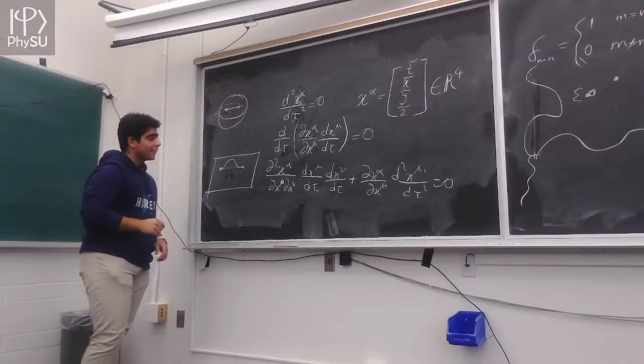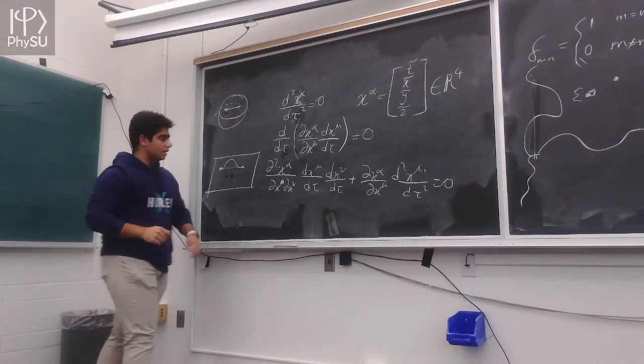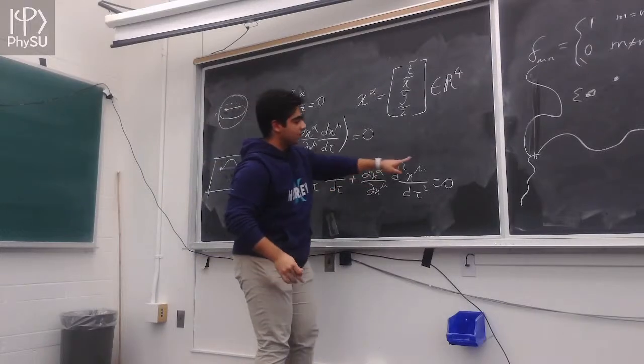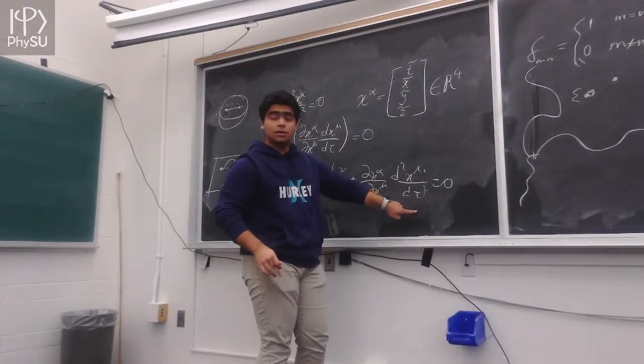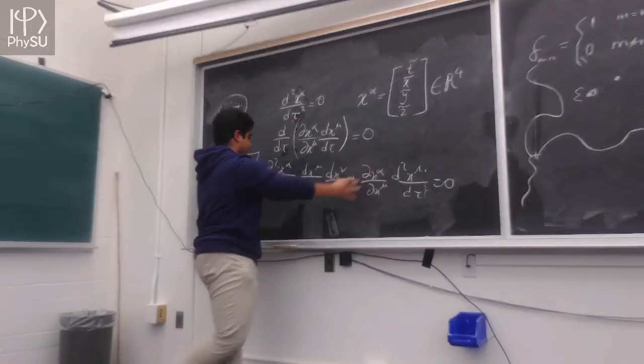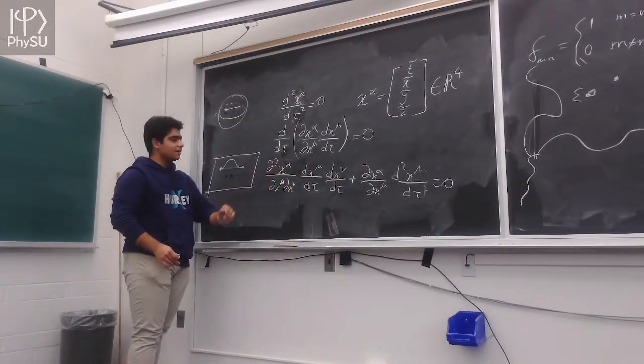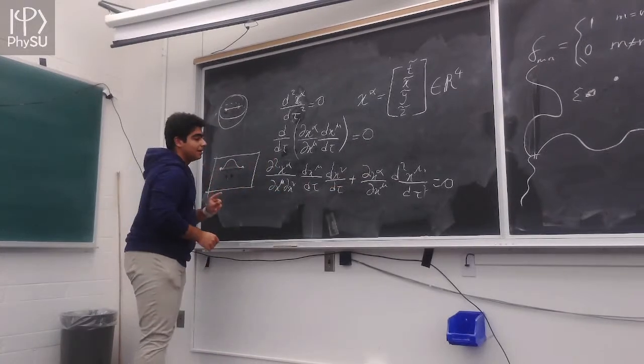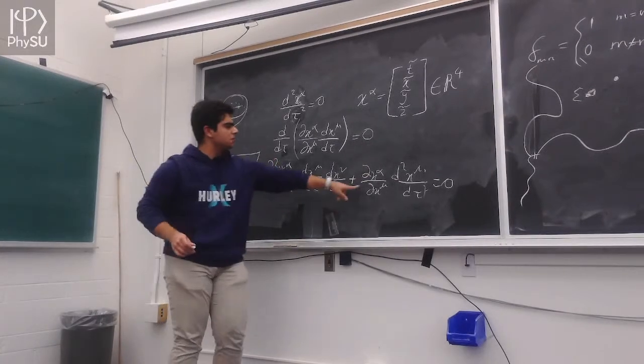So now we have two coordinate derivatives here. We have our acceleration, and we have these. Now in a second, I'm going to get rid of both of these. Let's first get rid of this.